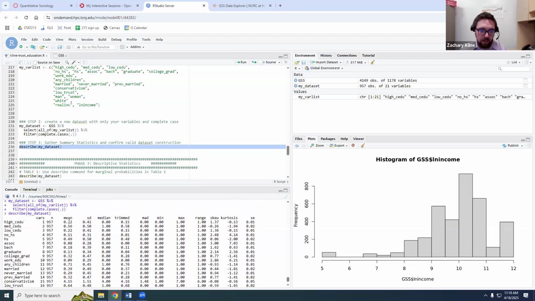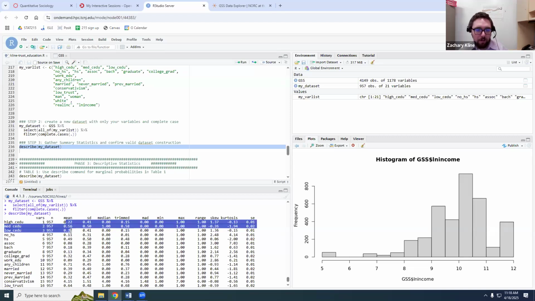So we're looking here, we see around 22% of respondents said they had high confidence in education. 56% of respondents have medium confidence in education. 22% of respondents have low confidence in those who manage education in this country. So this is one of the beauties of why we do dummy variables, or again, variables that have a value of 0 when a condition is not met and 1 when a condition is met: it gives us a very nice interpretation of this mean.